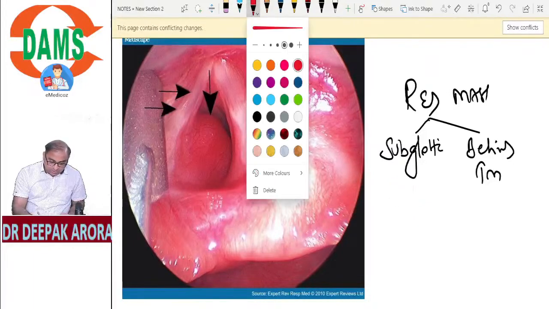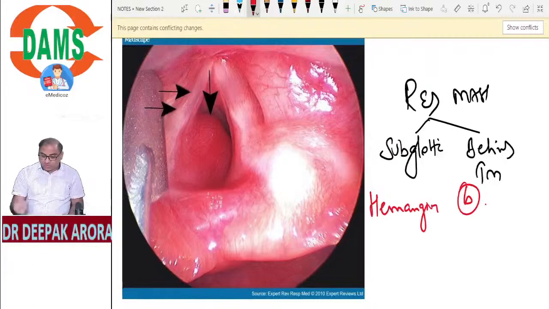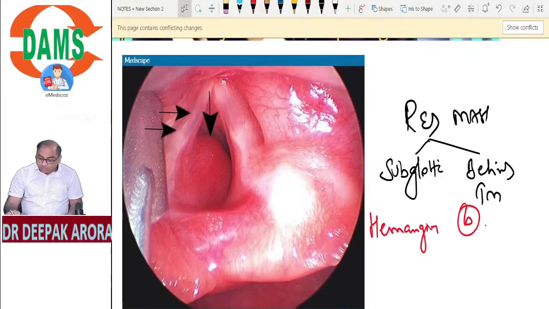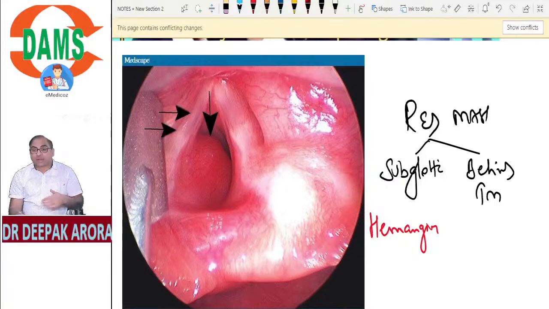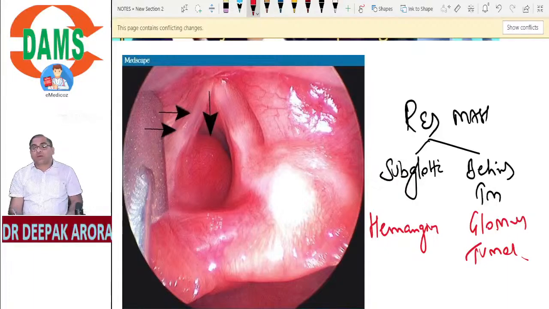A reddish mass in the subglottic area is hemangioma, congenital hemangioma. B, behind the tympanic membrane, is glomus tumor. Done.